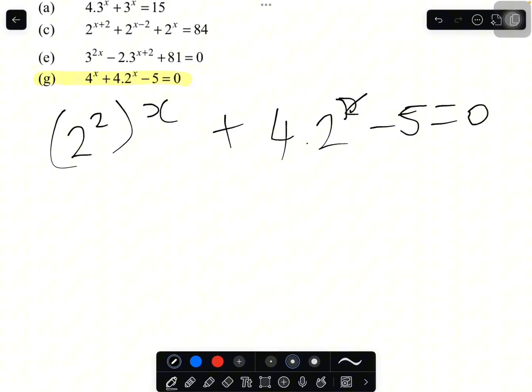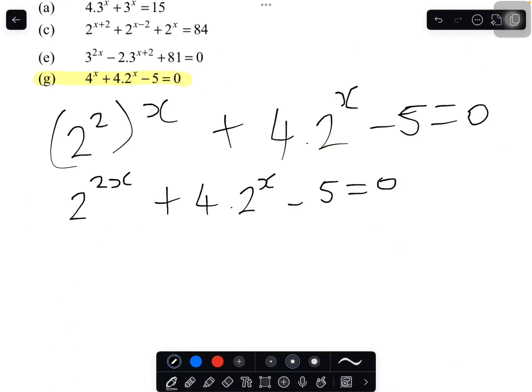Now this isn't a term we can work with. Before, it wasn't in a way we could work with it. Let me write this x a bit neater. So now it is in a way we can work with it. So we'll have 2 to the 2x plus 4 times 2 to the x minus 5 equals 0.